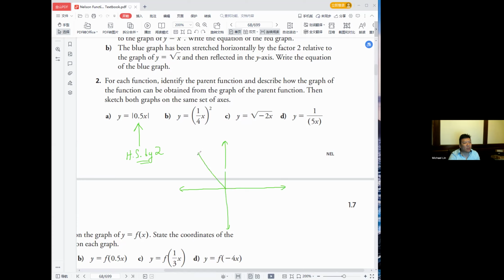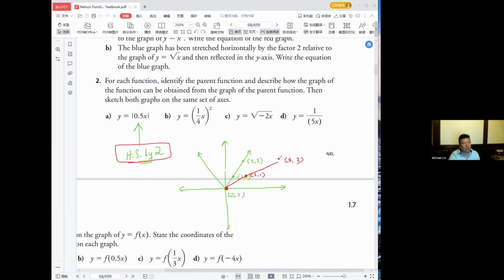If I was to illustrate that graph, my parent function looks like a v, like this. And we already talked about the coordinates. It's going to pass through (0, 0), (1, 1), (2, 2), etc. My new function, because it's been horizontally stretched by a factor of 2, means all my x's double. So I still go through (0, 0), but then I'm going to go through (2, 1), and then (4, 2).